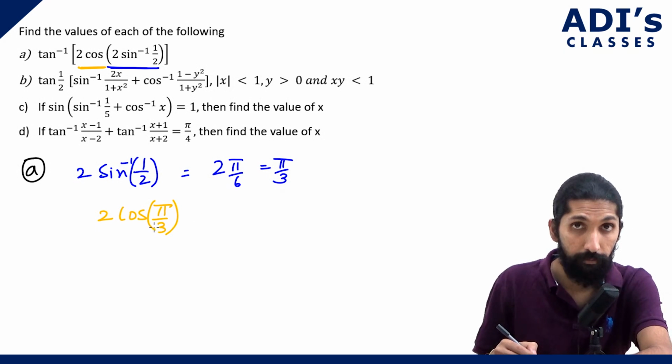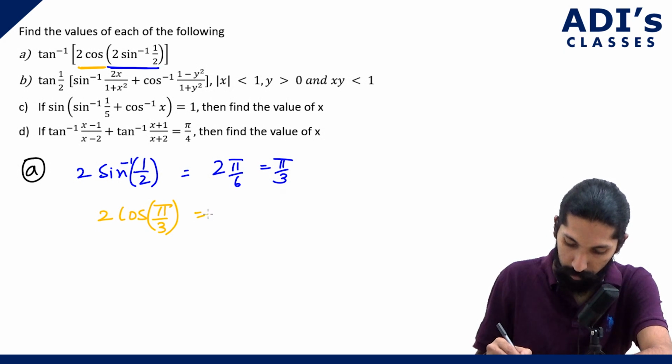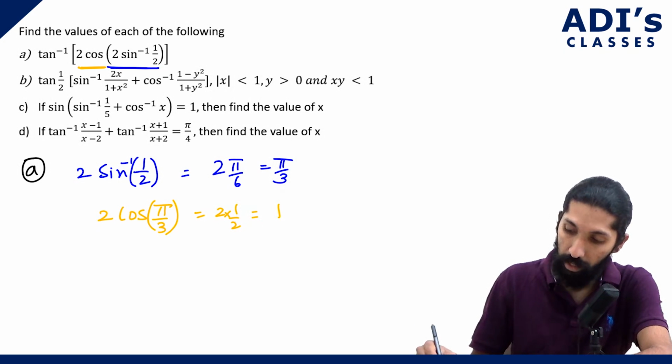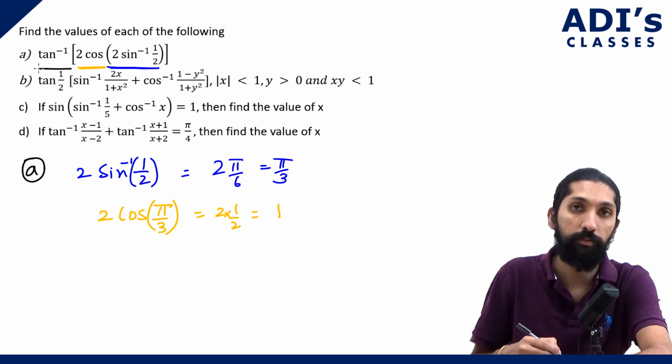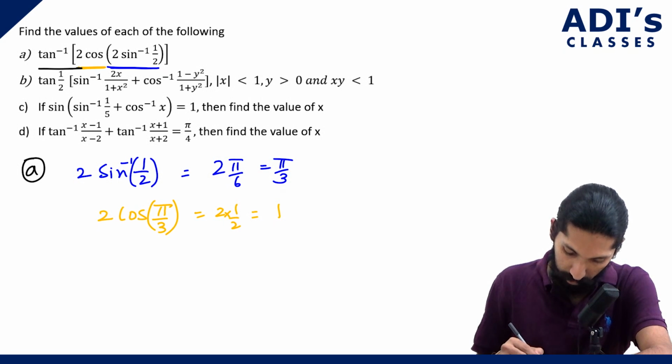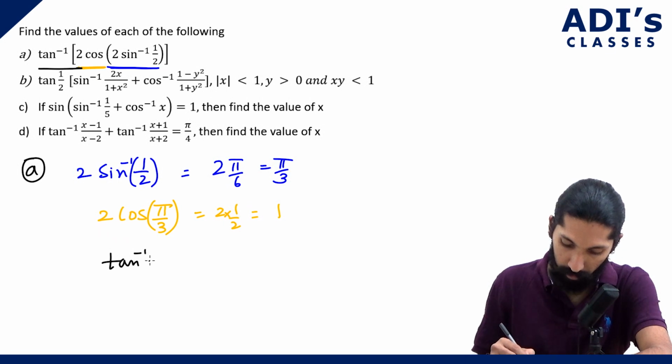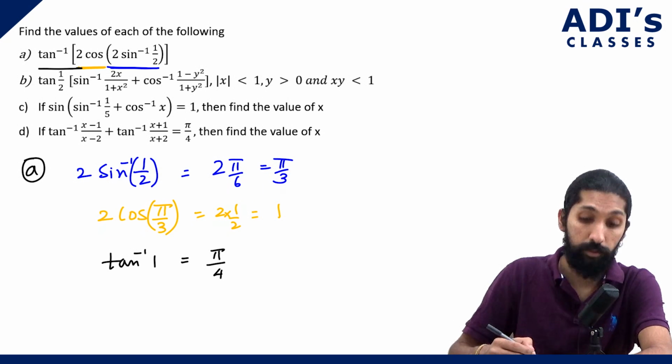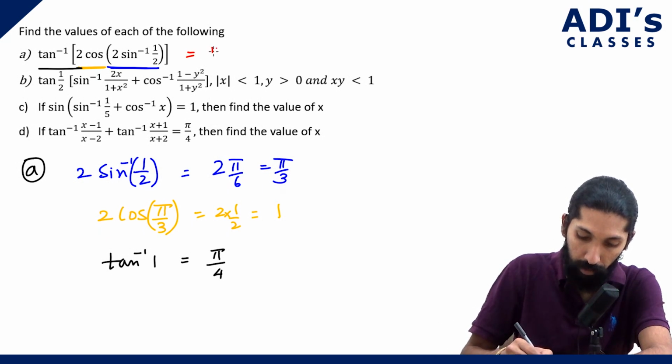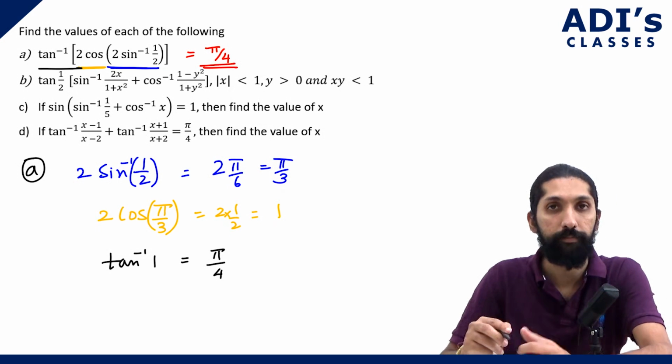Cos pi by 3 is half. 2 times half becomes 1. Next, the last part, that is tan inverse of this. So tan inverse 1 is pi by 4. So the answer for the first one is pi by 4. This is the final answer.